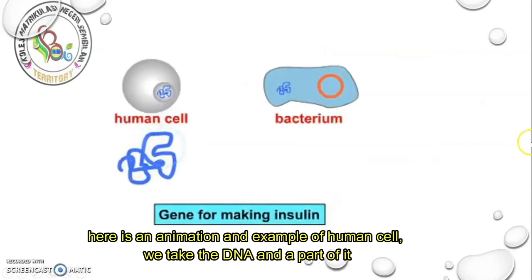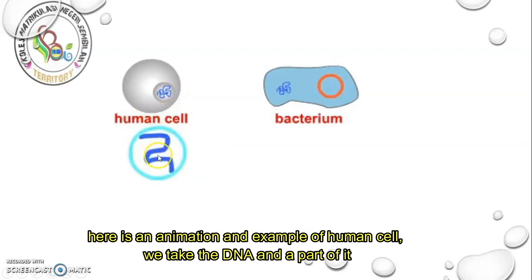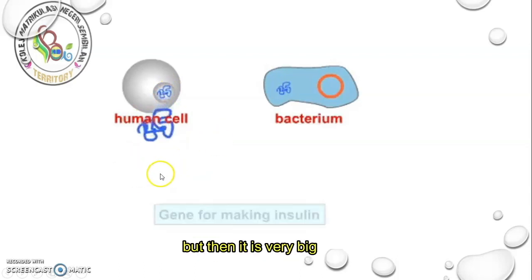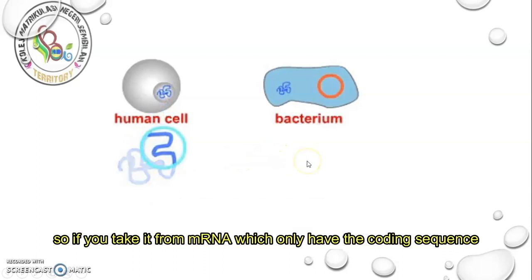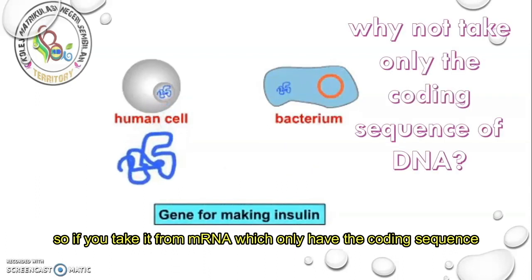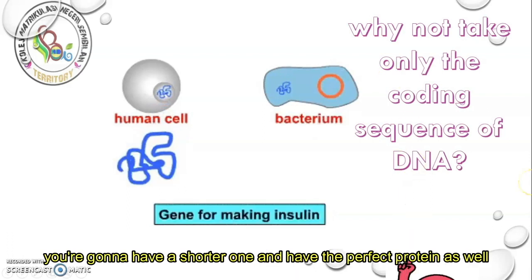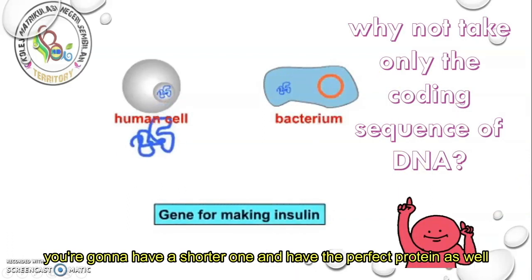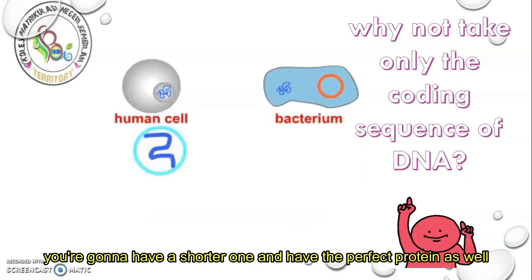Here is an animation, an example of a human cell. We take the DNA and a part of it, but then it is very big. So if you take it from mRNA, which only has the coding sequence, you're gonna have a shorter one, and you're gonna have the perfect protein as well.